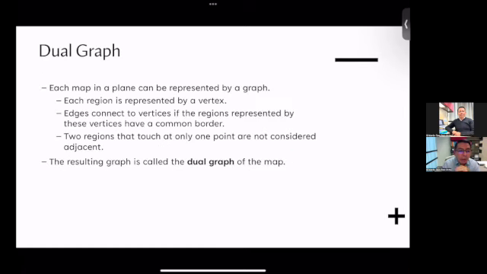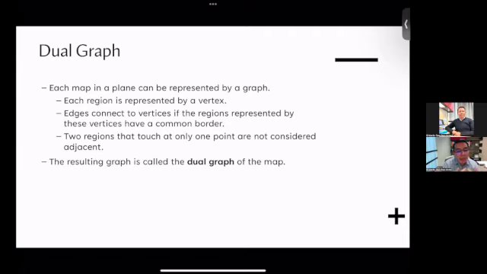Another concept that is going to be important is the dual graph. And this is because at the end, we were talking a moment ago about a plane with regions, and we want to translate the same information that is on the plane to a graph. So this abstraction is going to be done in the following way.